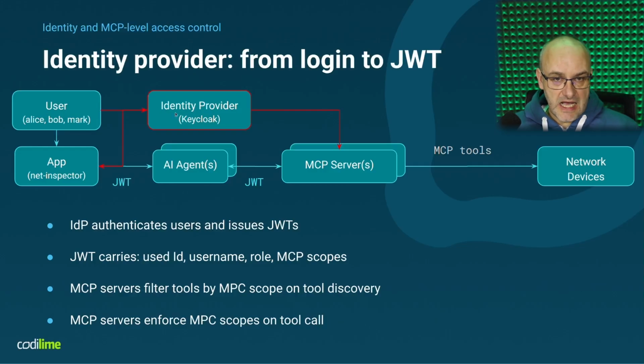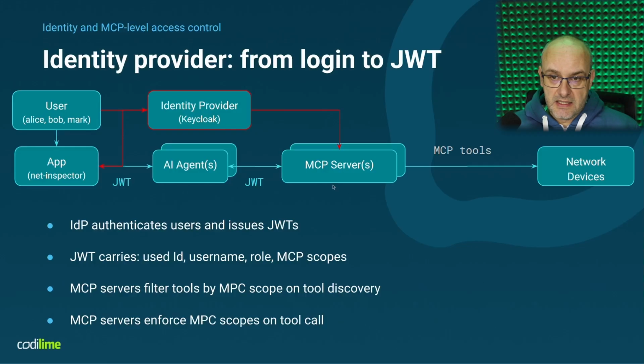After the authentication, we receive the JWT token for a particular user that is forwarded during the execution path. AI agents and the MCP server can utilize this additional information about the user, especially the MCP scopes describing which tools are authorized for this user.